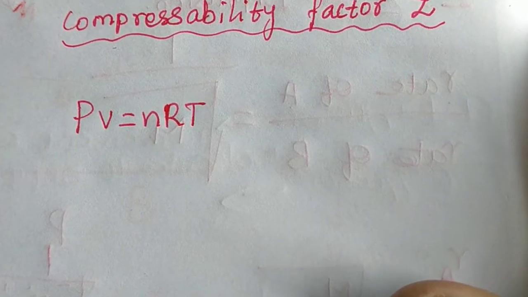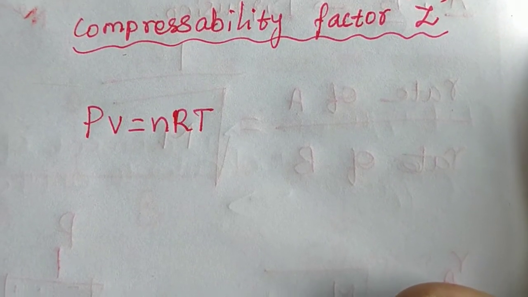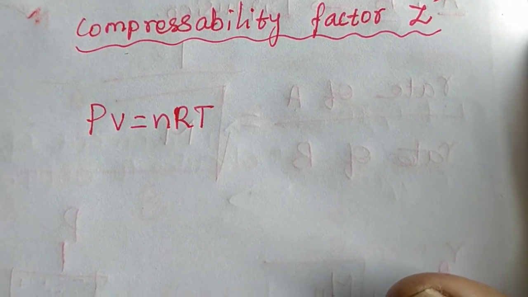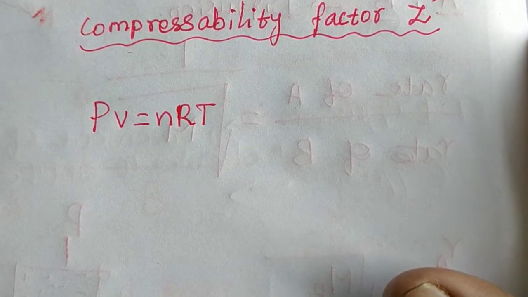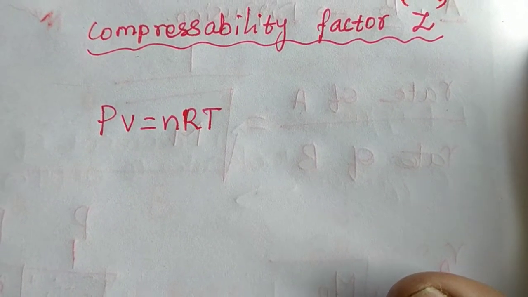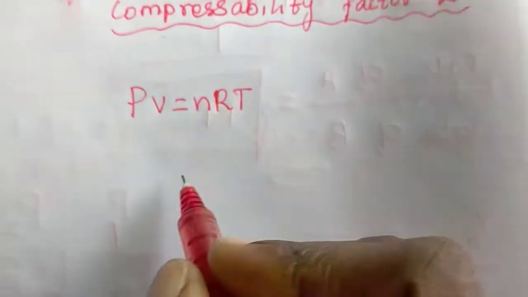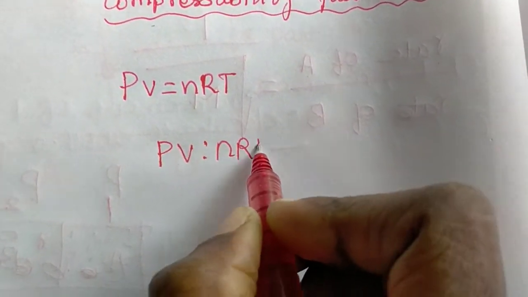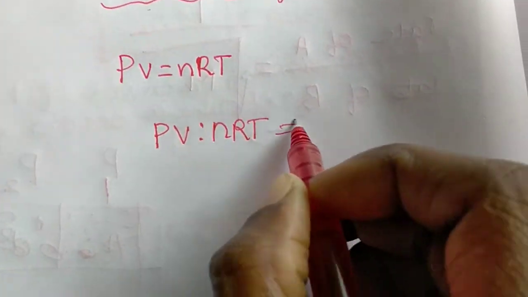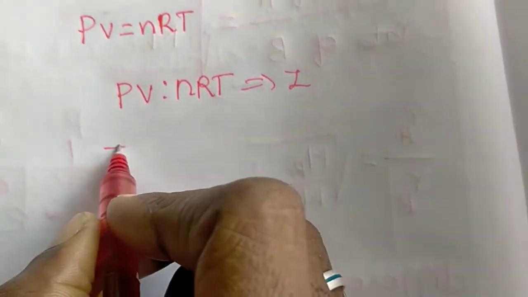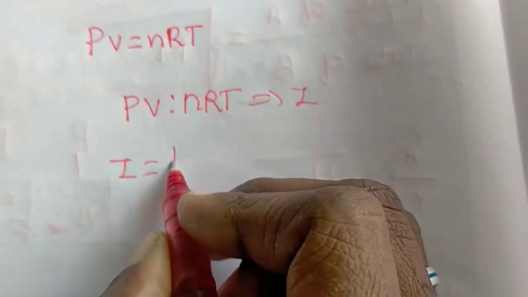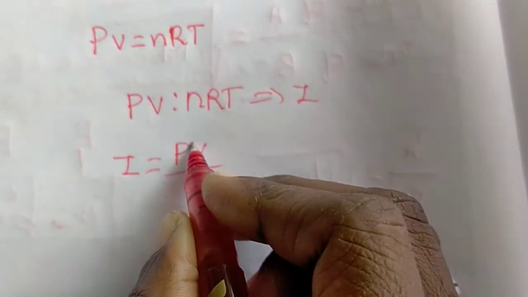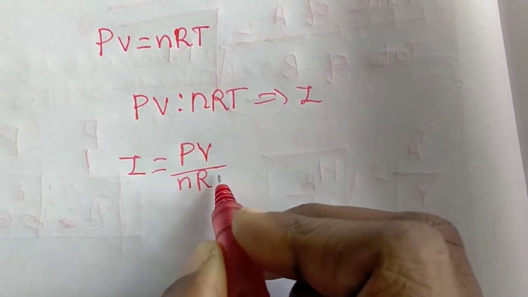Now, the deviation of the real gas from the ideal gas is measured by the ratio between PV and nRT. This ratio is generally known as Z. So we can write Z is equal to PV divided by nRT.